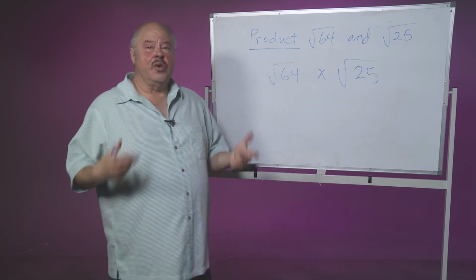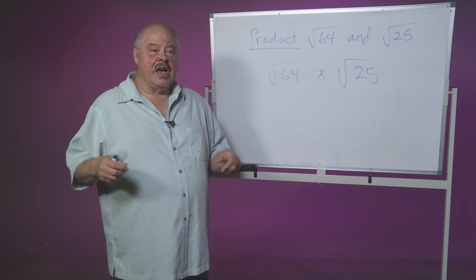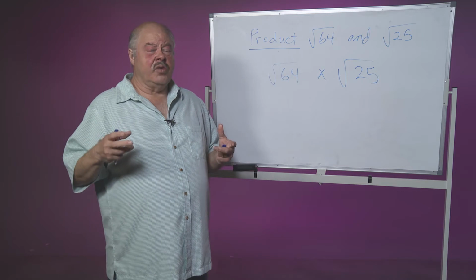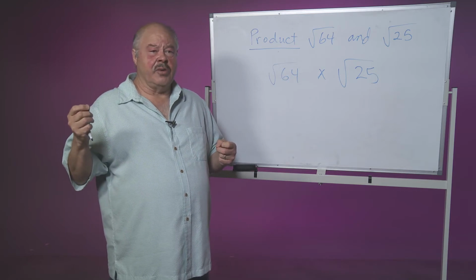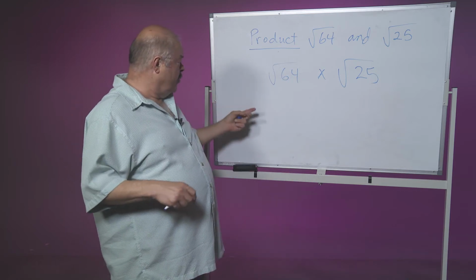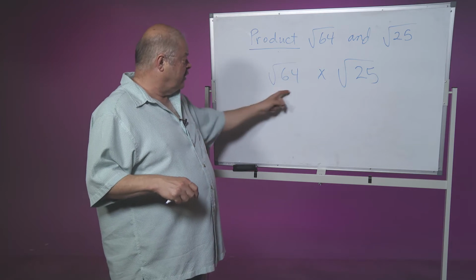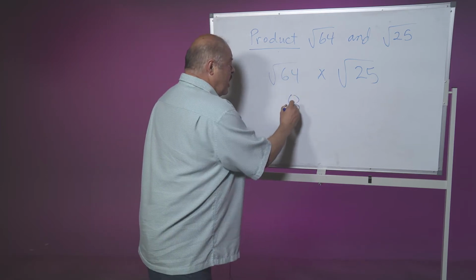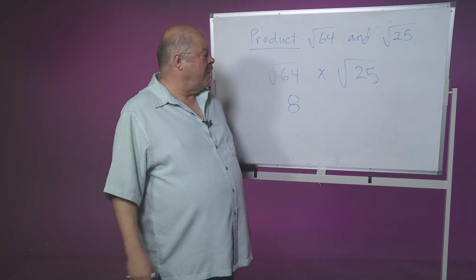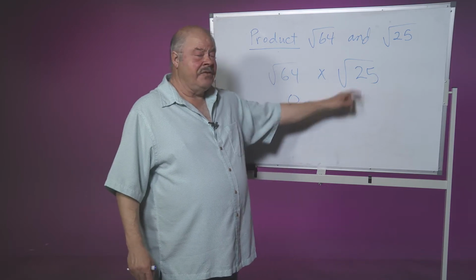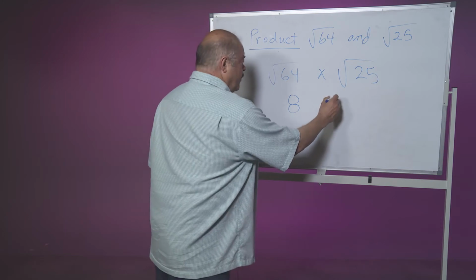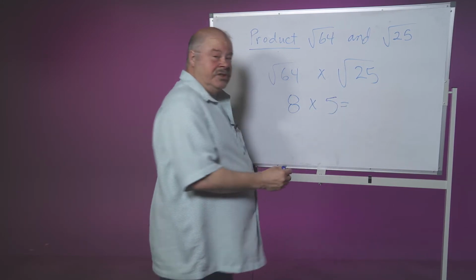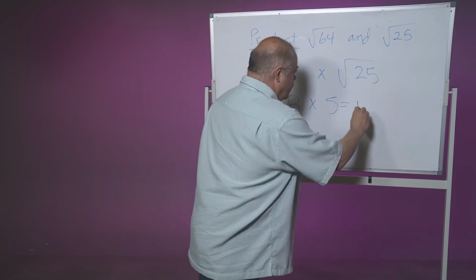Remember, the square root of a number is a number that times itself equals the number that you're taking the square root of. So I'm looking for a number that times itself is equal to 64, and that would be 8. And I'm looking for a number times itself that would be 25. That would be 5. So 8 times 5 is 40.